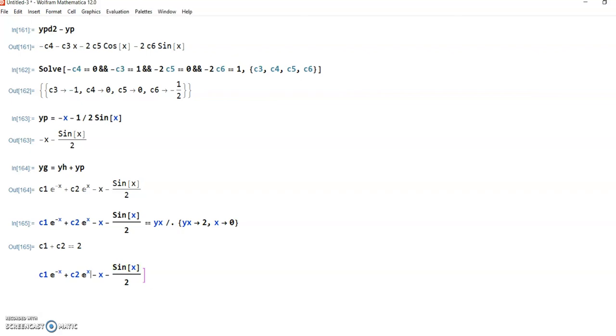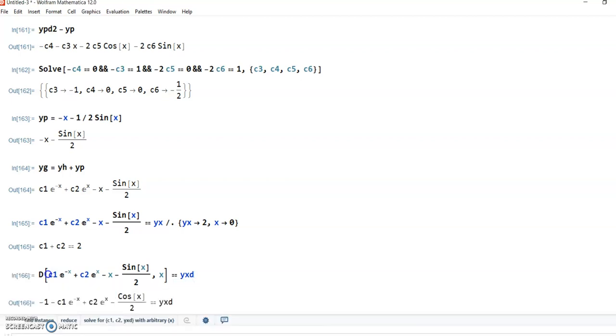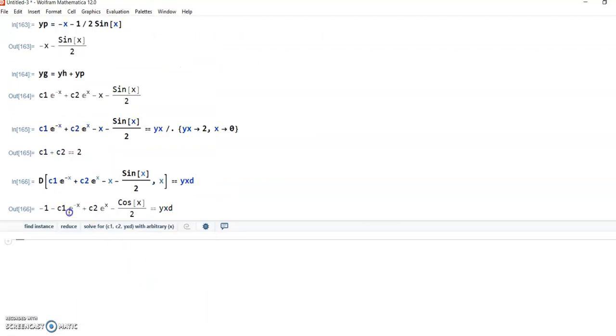So I can take the derivative of this with respect to x, and then I can say that this is the derivative of y of x. Okay, so I can execute this command, so I get this equation now.